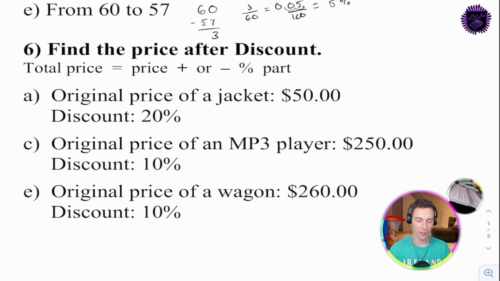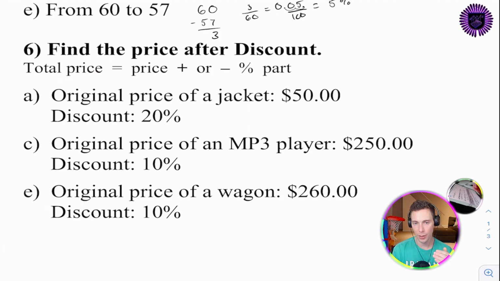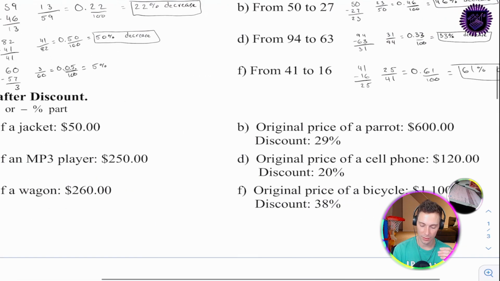So now we have the same type of thing. We're finding the change, but it's asking us for the final price. So this total price, this is what we're looking for. But it's going to be subtracting a part, or adding a part, or, well, no, I guess this is just all discount.